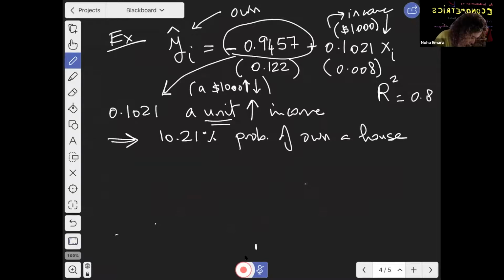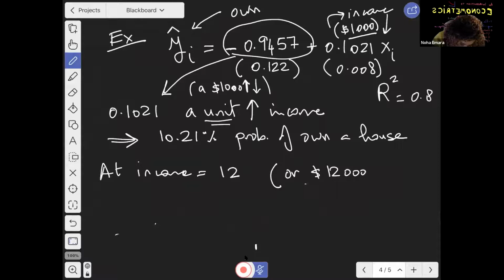What about the probability of owning a house at income equal 12? And remember, everything is measured in 1,000 units. So when I ask you what is the probability of owning a house if the family has 12, this is exactly the same as 12,000, because the unit of measurement is in thousands.